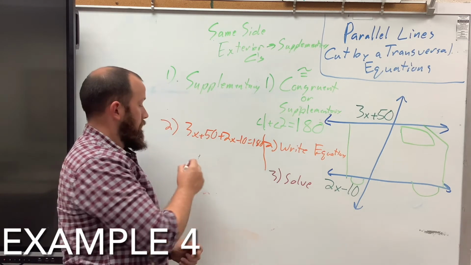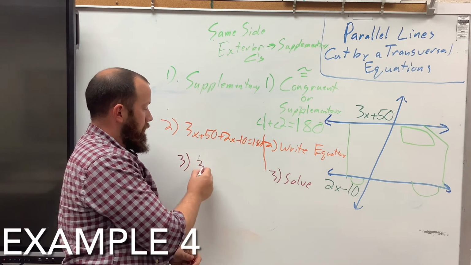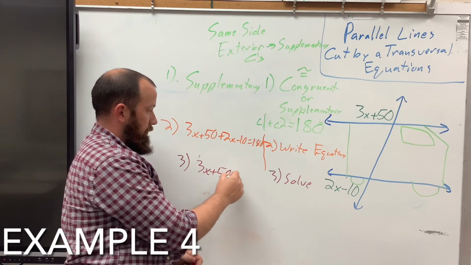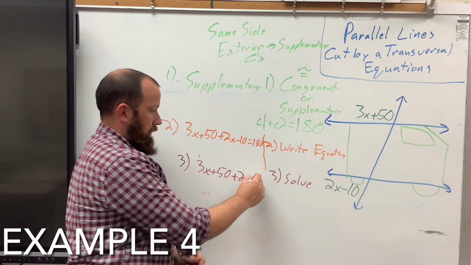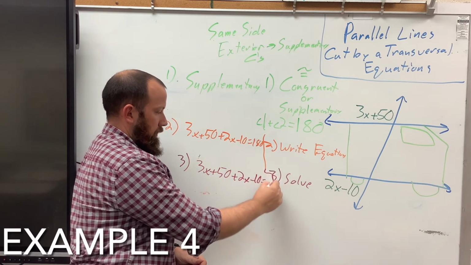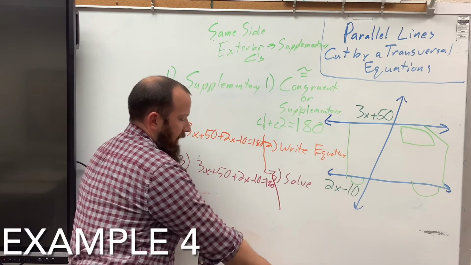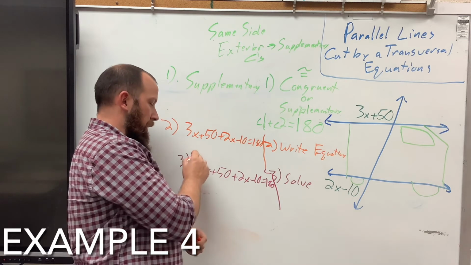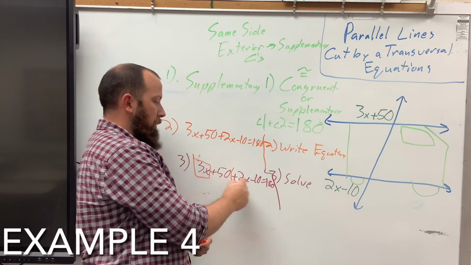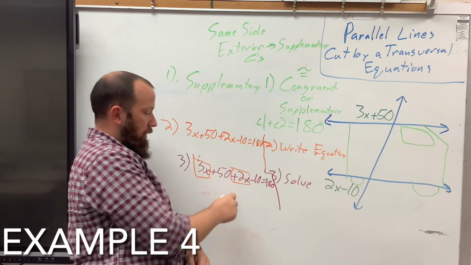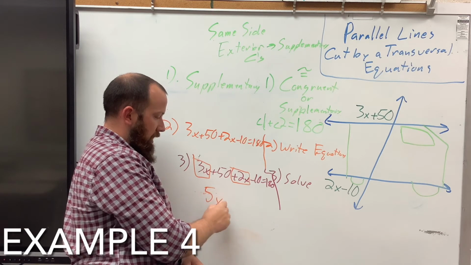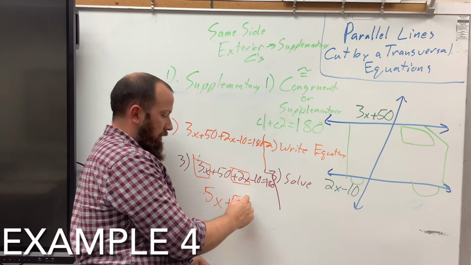Now I solve. Alright, first thing I do is look to distribute. I can't distribute anything, so I have to combine my like terms. I'm going to combine my variables first. 3 plus 2 is 5x. Bring everything else down.